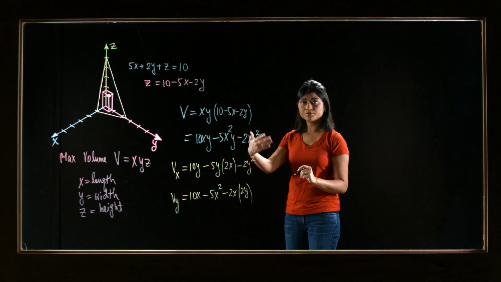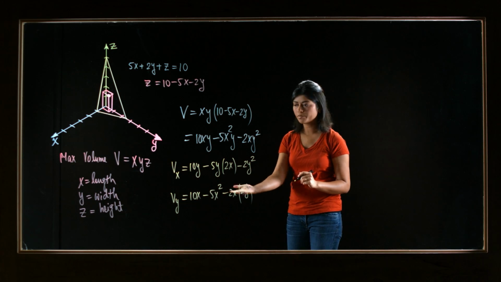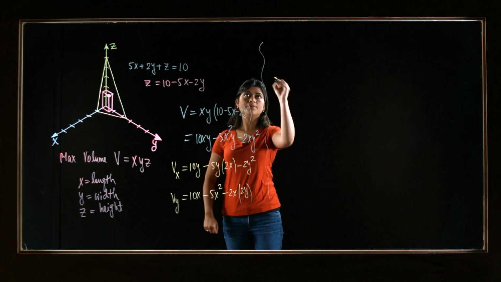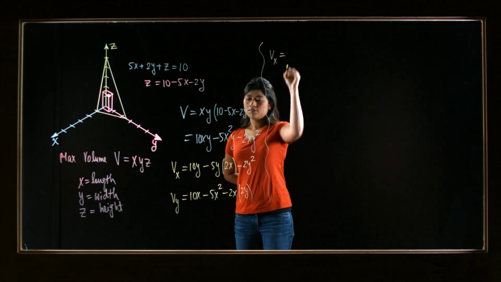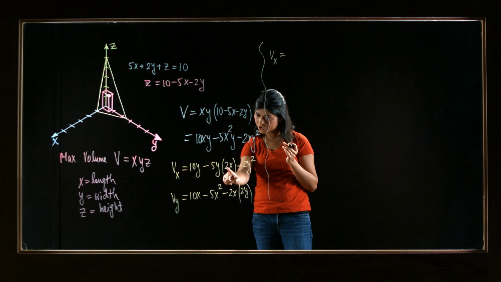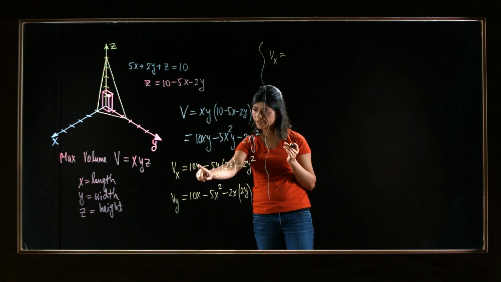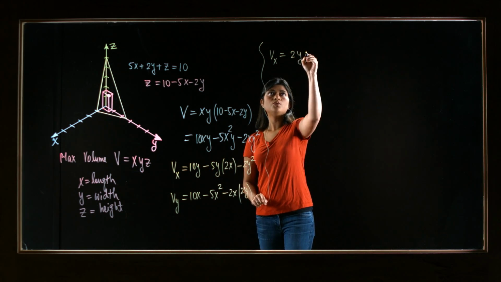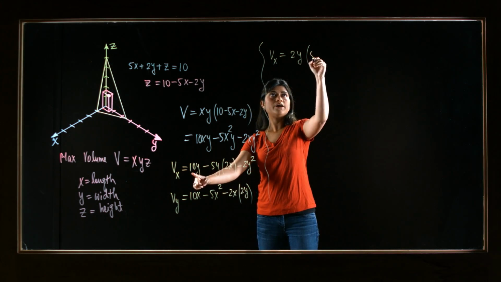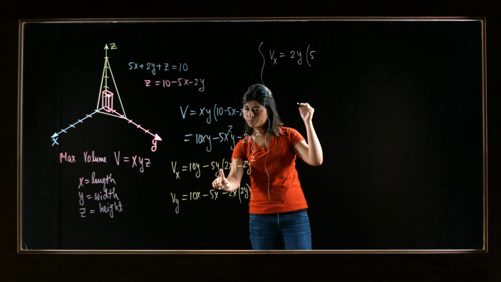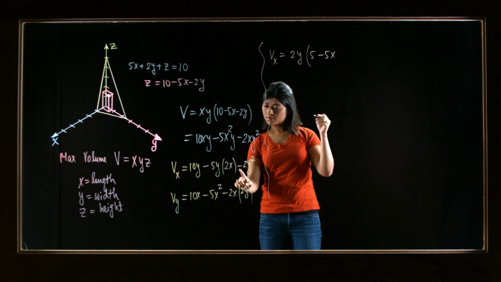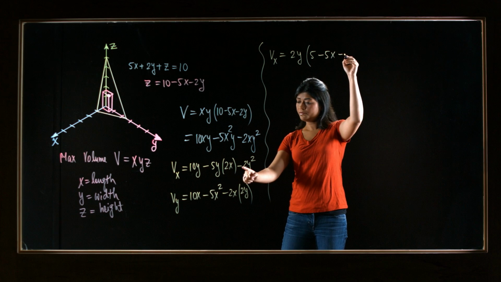And you know what to do, right? We have to find critical numbers, so we set them equal to 0. Let's simplify these expressions one more time. What is Vx? Notice that in every term we have a common factor of y. So you can pull out y and we will be left with, from the first term, 10, then negative 10x, and then negative 2y.